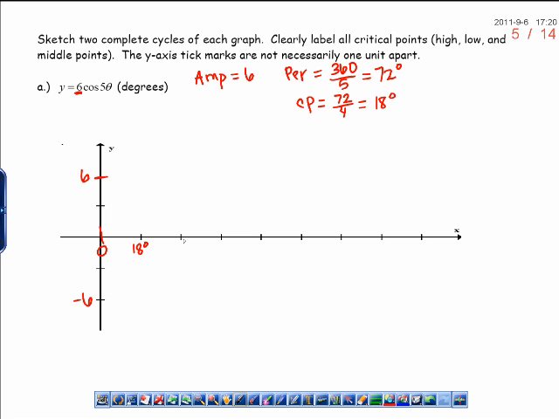So 18 degrees, 36 degrees, 54 degrees, 72 degrees, that's 1 cycle. Now we got to go more, so 90 degrees. You should be able to do this without a calculator. Obviously it would be easier with one, but these are not calculations that require one. Now if you have plotted 9 points, then you should have 2 complete cycles. So 1, 2, 3, 4, 5, 6, 7, 8, 9.